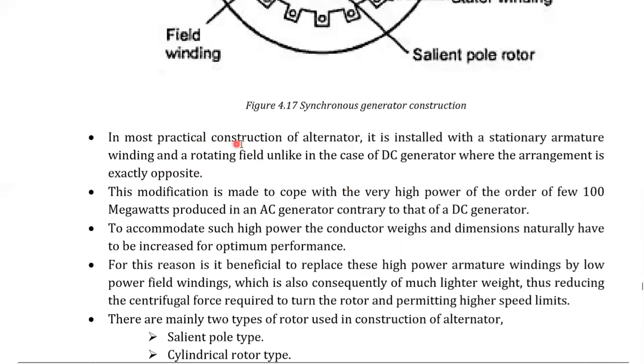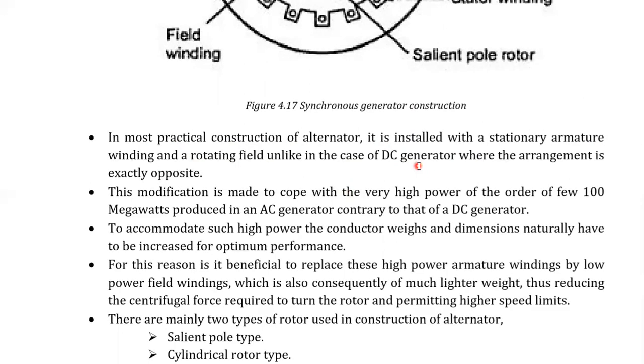So most practical constructions of alternator are installed with the stationary armature winding and rotating field, unlike the DC generator, where this arrangement is exactly opposite. I already explained that in DC machines, the field winding is on the stator and the armature winding is on the rotor. But here it is exactly opposite: the field winding is on the rotor and the armature winding is on the stator.